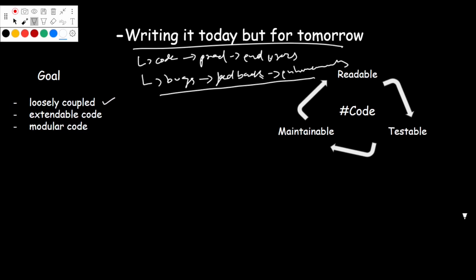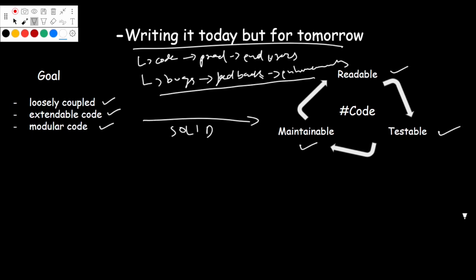We try to write loosely coupled, easily extendable and modular code so that any foreseeable changes can easily be incorporated into our existing piece of code. So as a result, once we apply SOLID design principles, we achieve readable, testable and maintainable code, right?